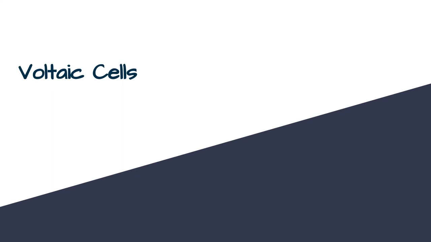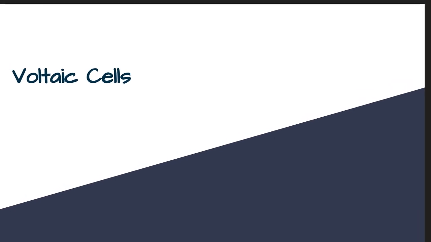In this video, we're going to take a look at voltaic cells. Before we dive into what voltaic cells are and how to do cell diagrams with them, it's worth noting that voltaic cells are usually called by many different names.